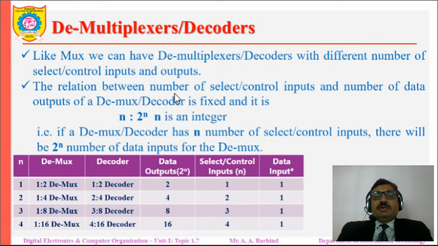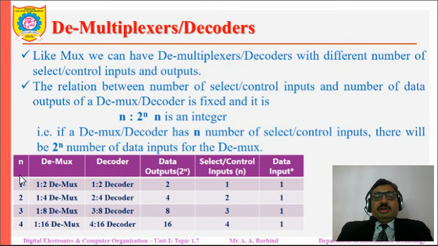The relationship between the number of select or control inputs and the number of data outputs of a demultiplexer or decoder is fixed, and it is n to 2 to the power n, where n is an integer. If a demux or decoder has n select or control inputs, there will be 2 raised to power n data outputs for the demultiplexer.